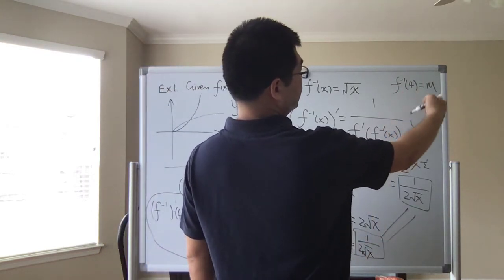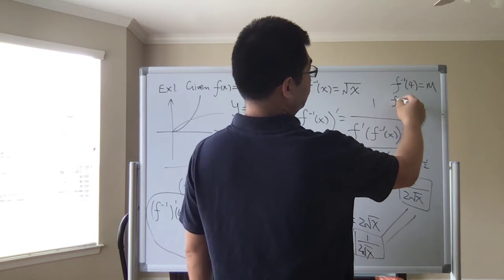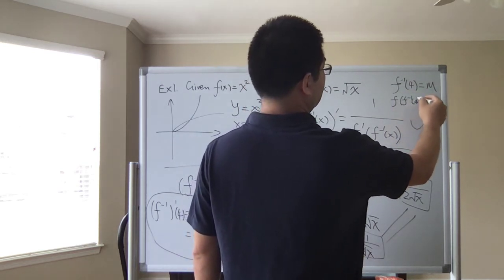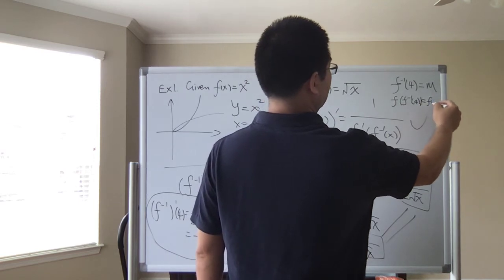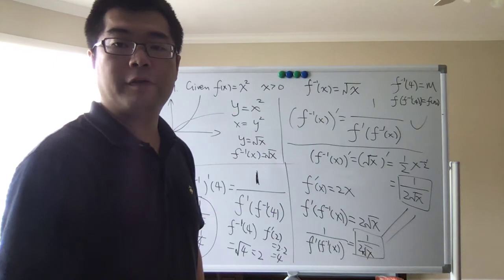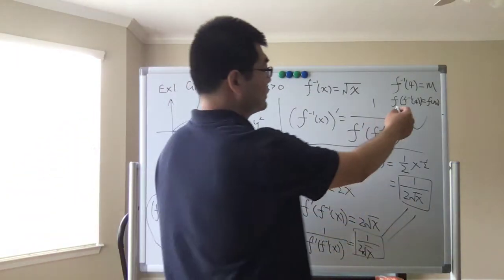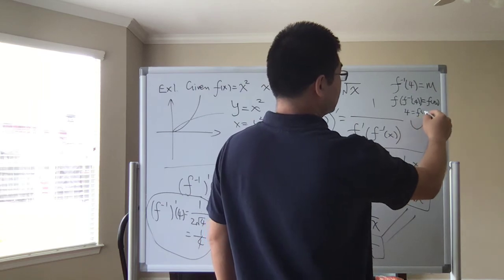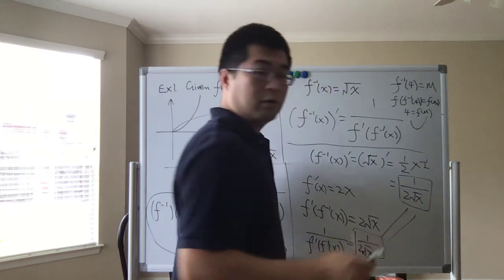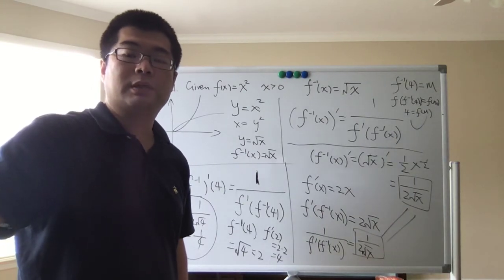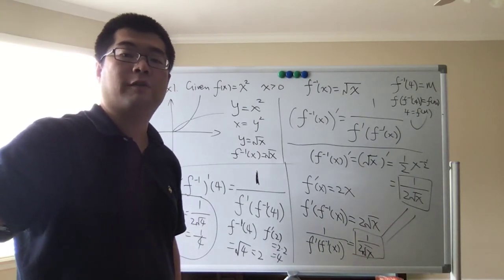Because of the function and its inverse, if I apply f on both sides, the left side becomes 4. So we are looking for a number m such that f of m equals 4.